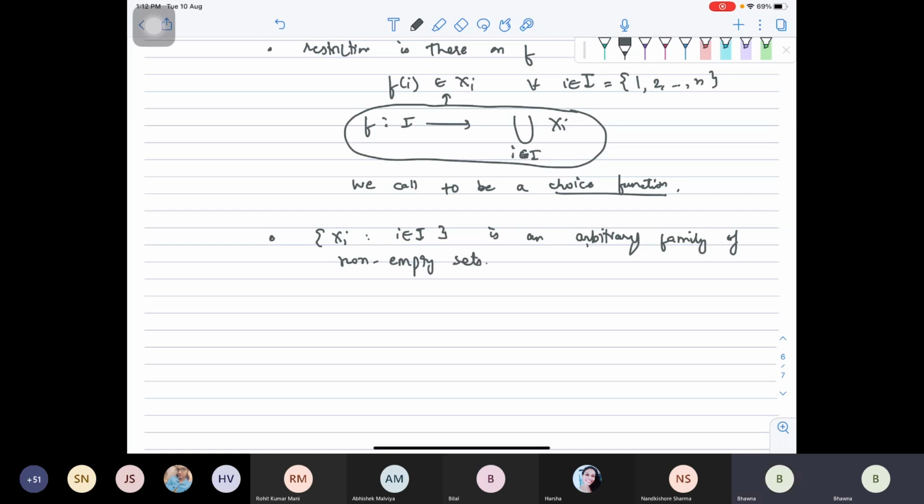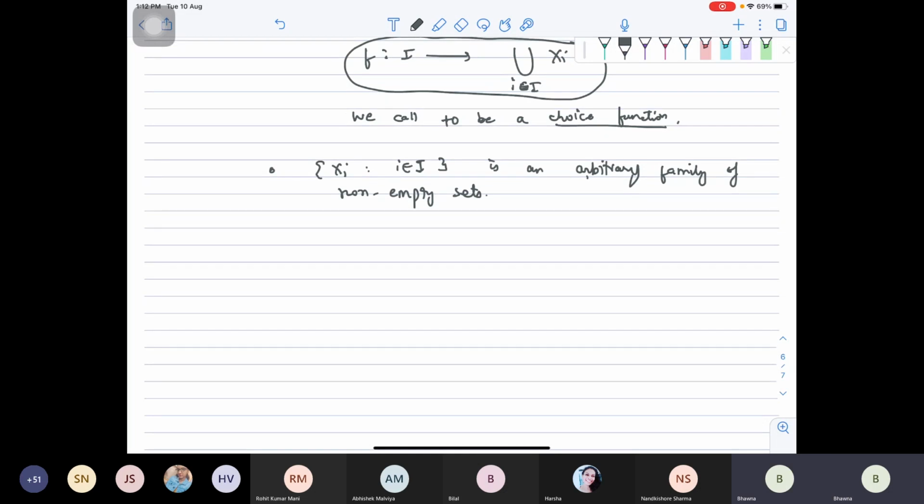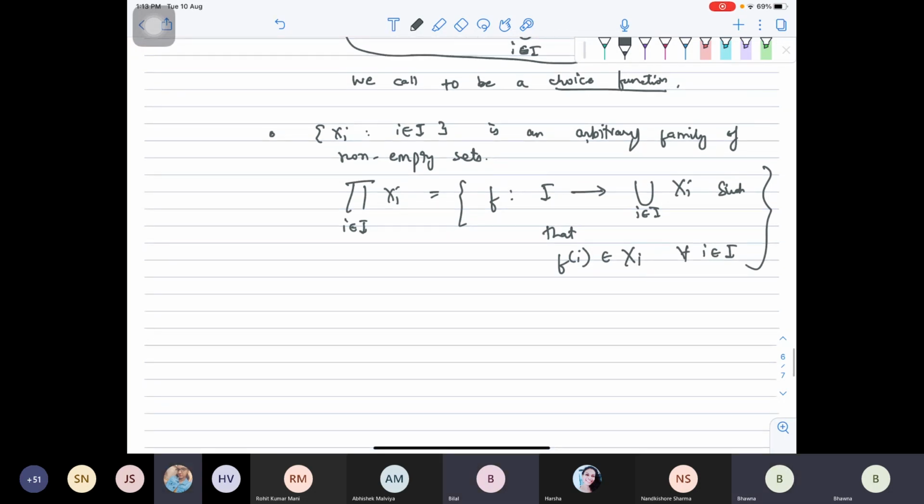Then I can define their Cartesian product, the product of Xi for i in I, to be the collection of all the functions from the index set I to the union of Xi such that f(i) belongs to Xi for all elements in the index set. Simple. This is how I am defining it.